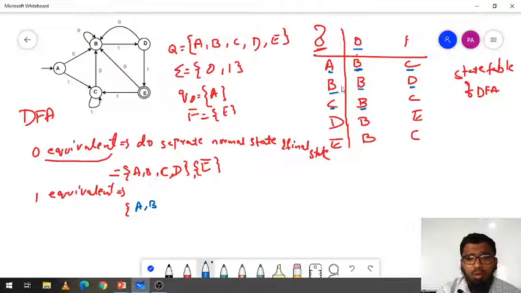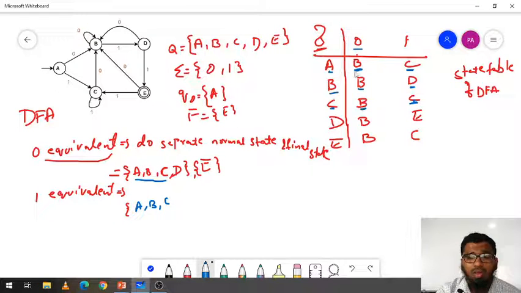Now again we will check with the 1 also. A on 1 is C and C on 1 is C. So here A, B, C is in the same set. So that means C is also a equivalent.